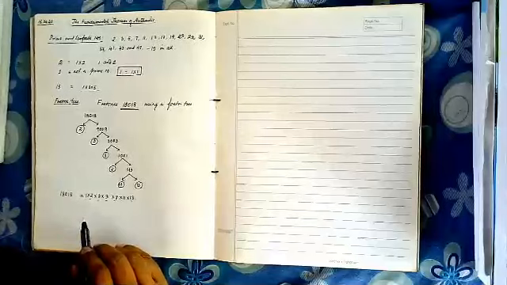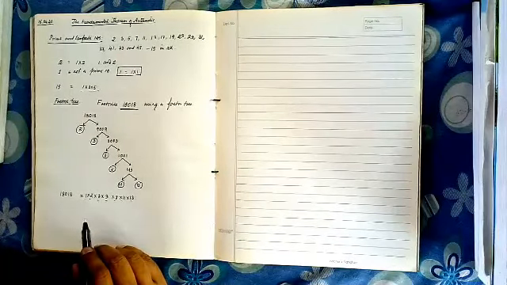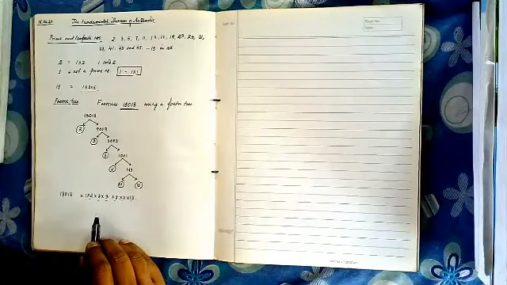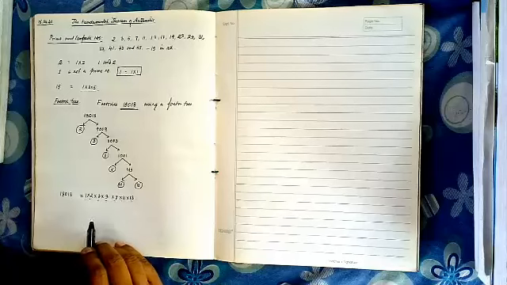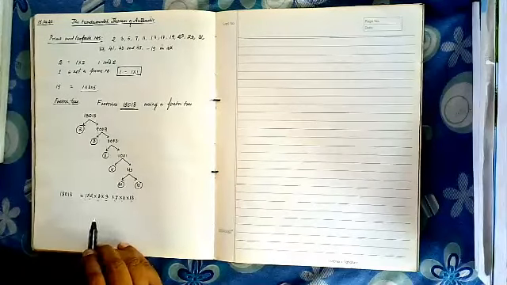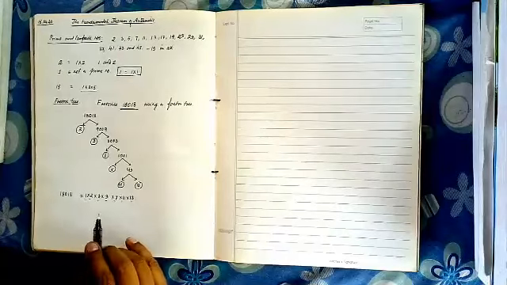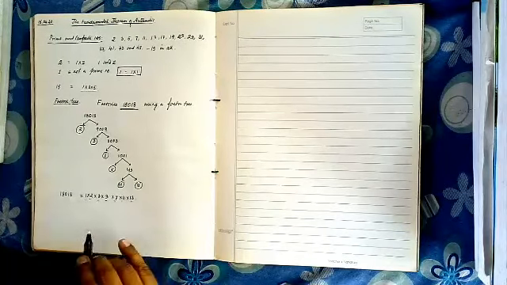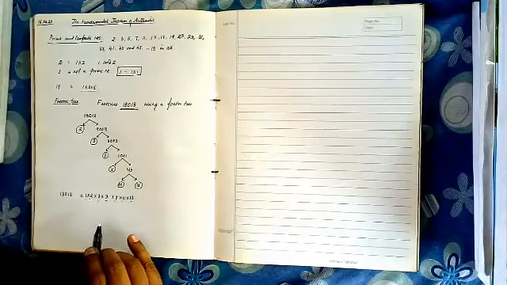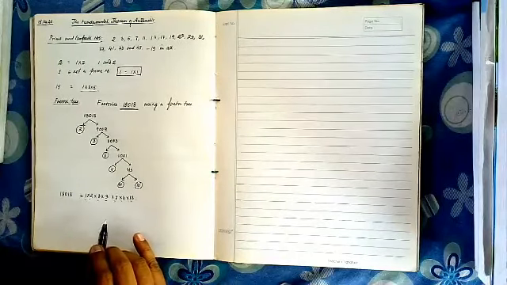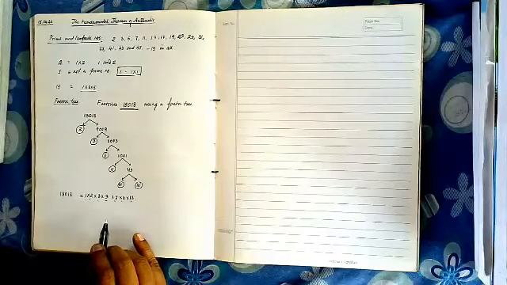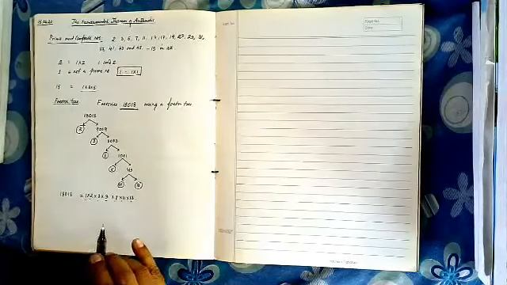So for the definition of the fundamental theorem of arithmetic, we can say every composite number can be expressed, means factorized, as a product of primes, and this factorization is unique apart from the order in which the prime factors occur.